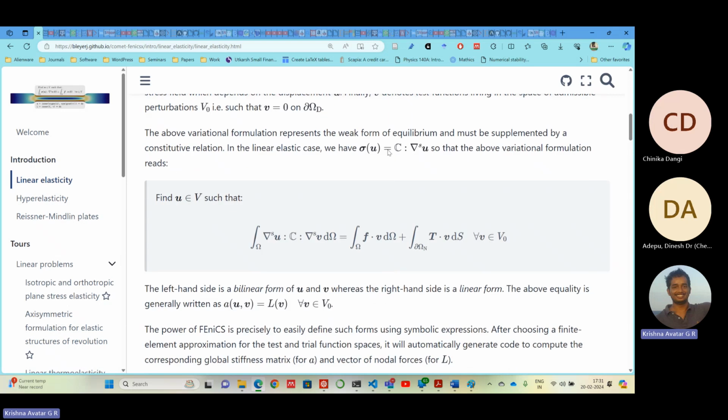For this, we use the generalized Hooke's law, where capital C is our elasticity tensor, doubly contracted with the symmetric grad of u. And C here happens to be a fourth order tensor.